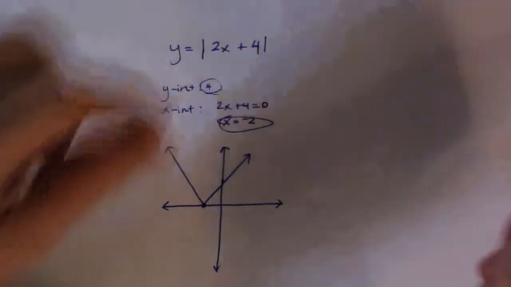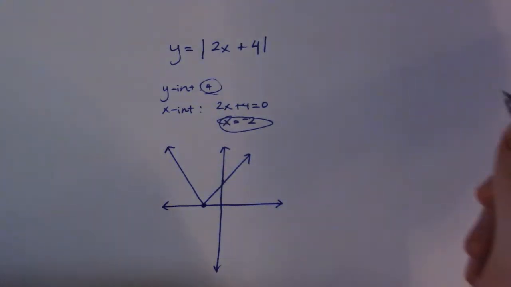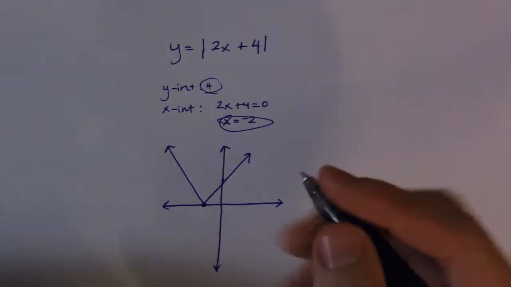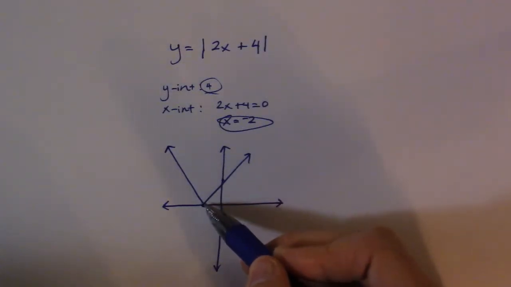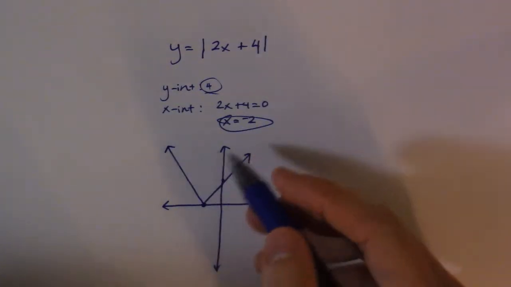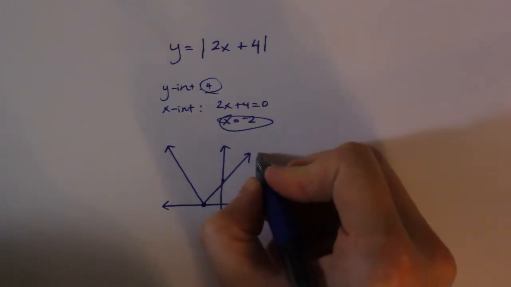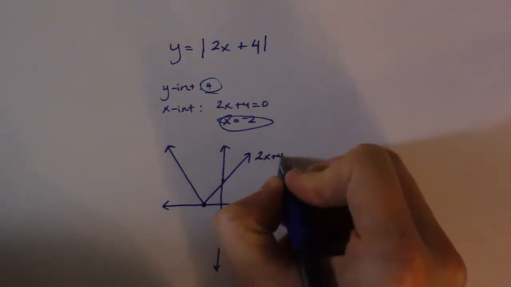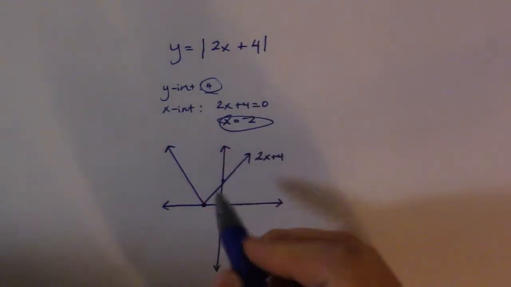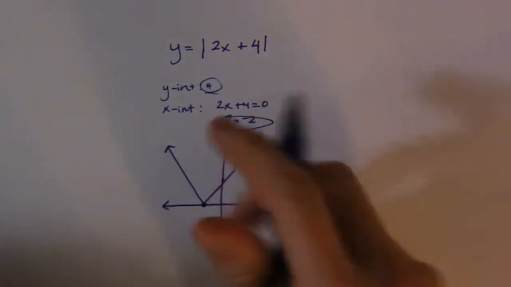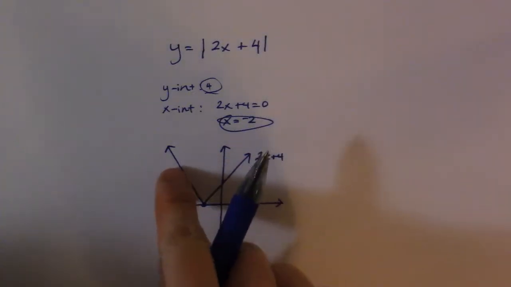So they always look like these, linear absolute value functions. So this graph consists of two lines: this line right here and this line right here. So this line right here is called 2x plus 4. That is literally just the positive of what we have here.